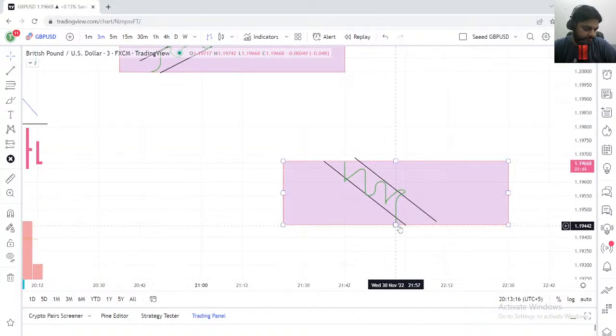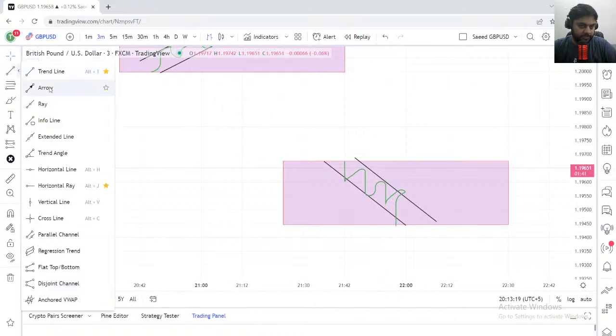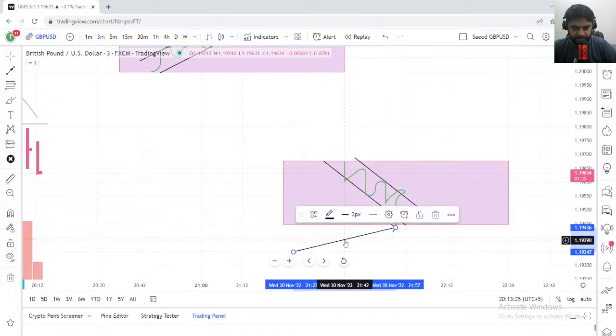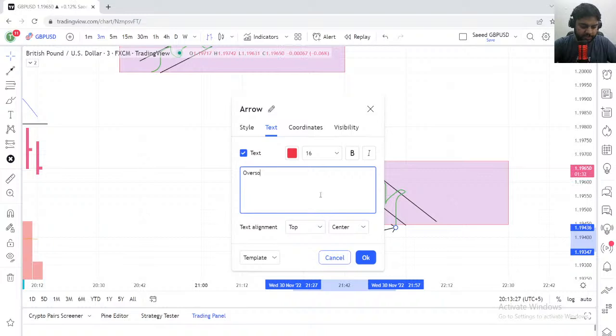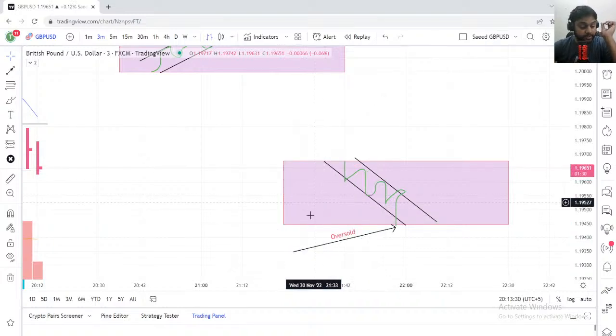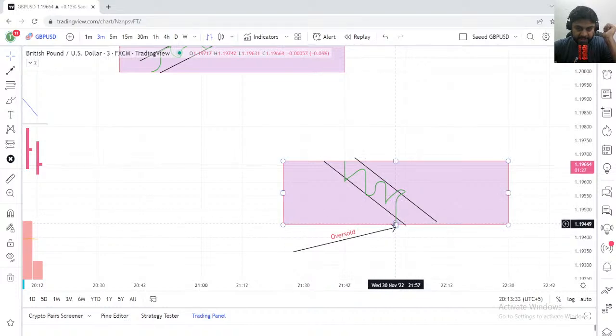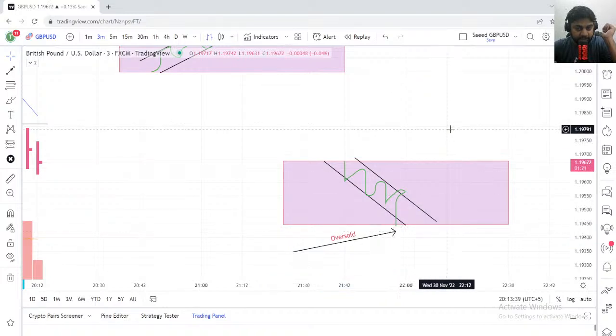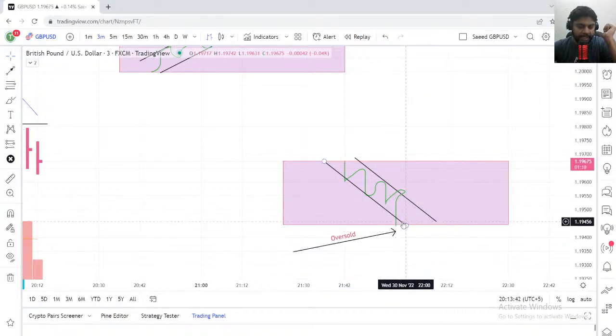I'll put my text over here and call it OS, or oversold. It is expected the market will react from this point. Why? Because you have 2 things happening over here. One, the market is oversold in the trend channel, and number 2, the market is on the support level. So these 2 things tell us there is a very high chance that the market will go up from this point.